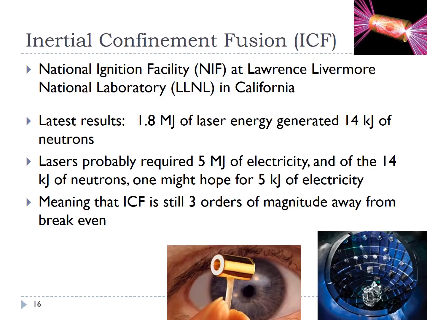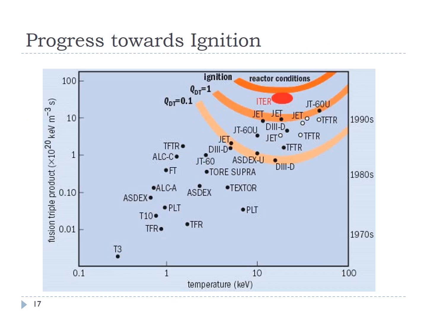It could be, it's just they are really, really far away from ever getting to a break even. They're 3 orders of magnitude away from break even right now. Whereas with the fusion plasma, they're getting very close to the point in which, by some standards, the amount of nuclear energy coming out of the reaction is equal to the amount of energy they're putting into it.